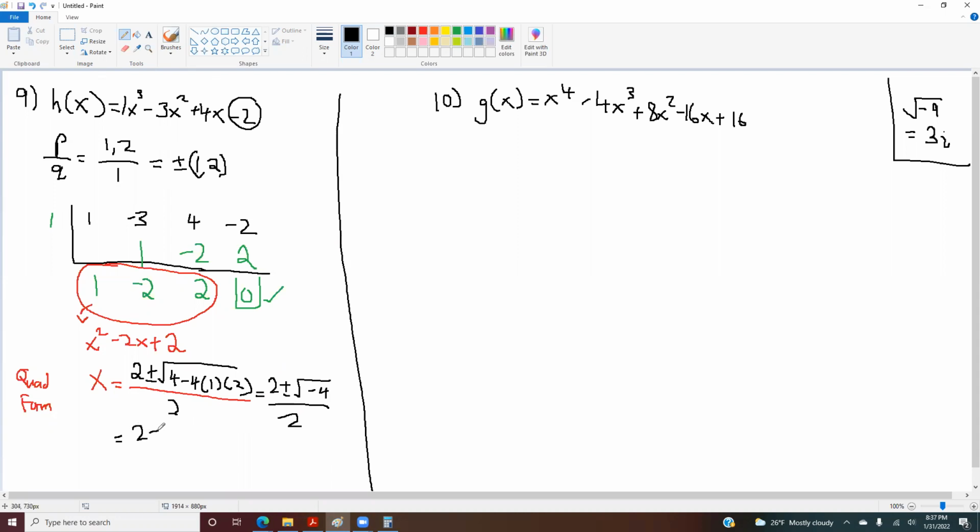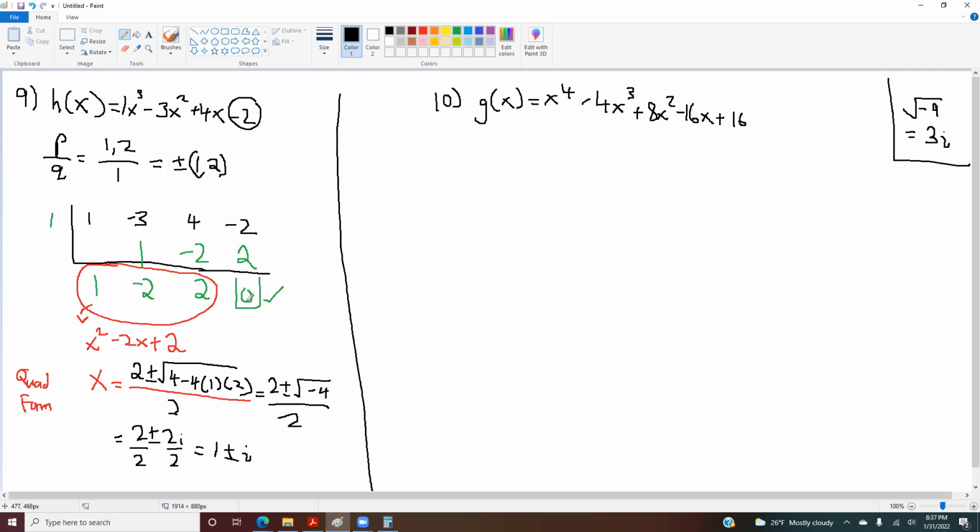So we know that root of -4 is 2i, right? Because root of -1 is i. And you will separate this into double 2 like this. So this is what I strongly suggest you to do. Don't do the one that I just showed you. So 2 over 2 is 1, and 2i over 2 is i.